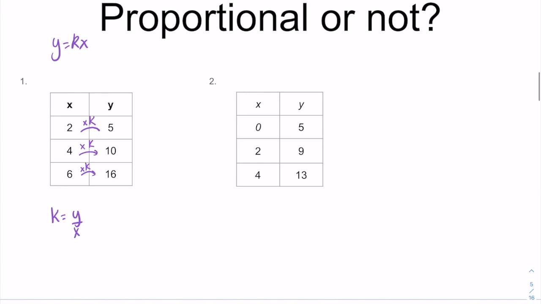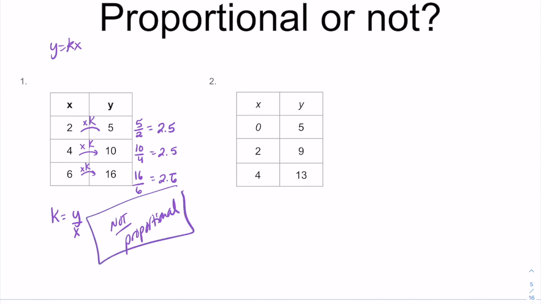For this problem, that would be 5 divided by 2, 10 divided by 4, and 16 divided by 6. 5 divided by 2 is 2.5, 10 divided by 4 is also 2.5, and then 16 divided by 6 is not 2.5, it's 2.6 repeating. So there is not a constant rate of change. There's not a consistent k value. So this one is not proportional.